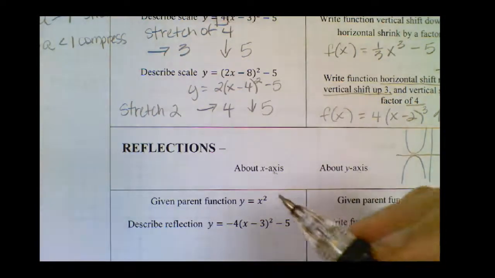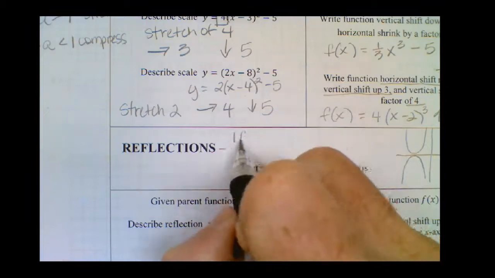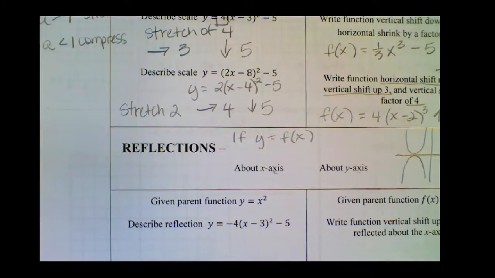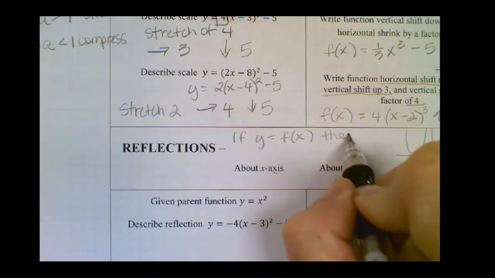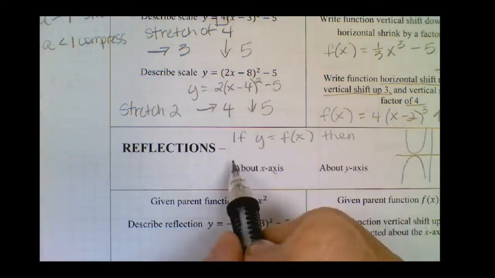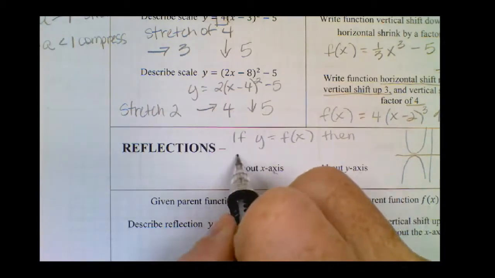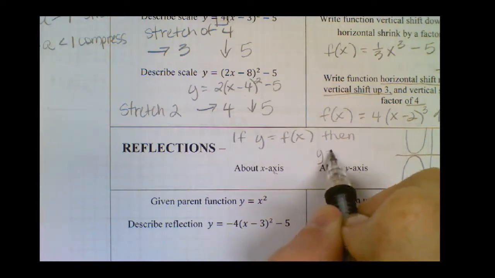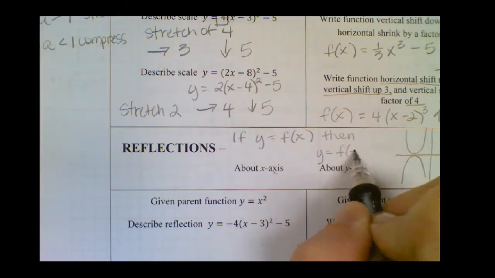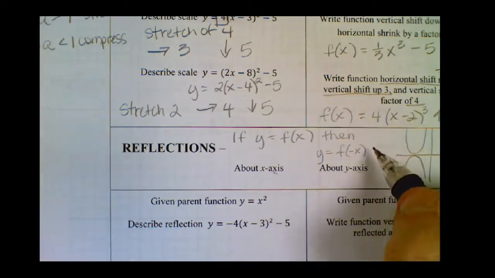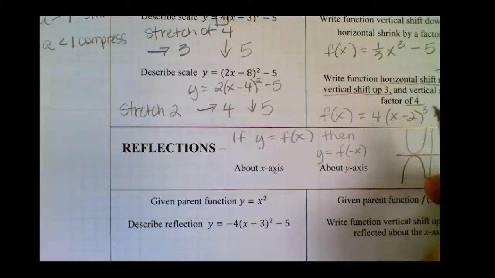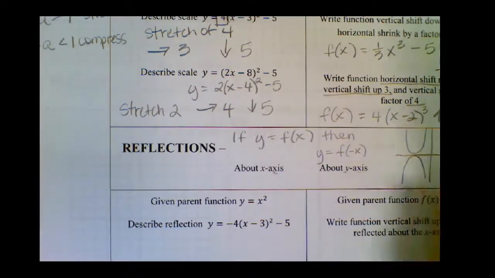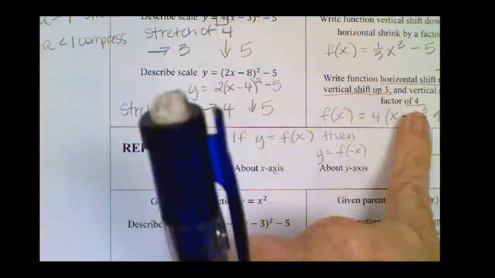So the easiest way to think about this is that if y equals f of x, right, we know that those two things are the same. Then if you're looking at your outputs for your functions, if y equals f of negative x, so you plug in the negative input but you get the same output, then it's going to reflect about the y-axis, meaning it's going to flip from here over to here.